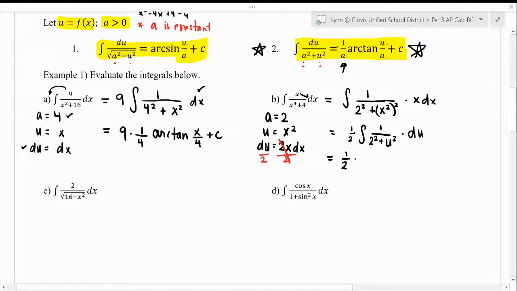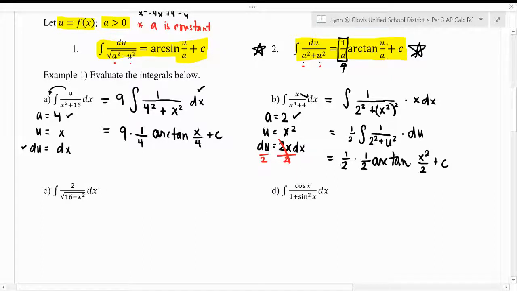And then now it's going to go to 1 over a, and a is 2, so 1 over a. And then arctan of u, which was x squared, over a, which was 2. And then again, I can multiply the 1/2s together to get 1/4, but I'll just leave it, okay?